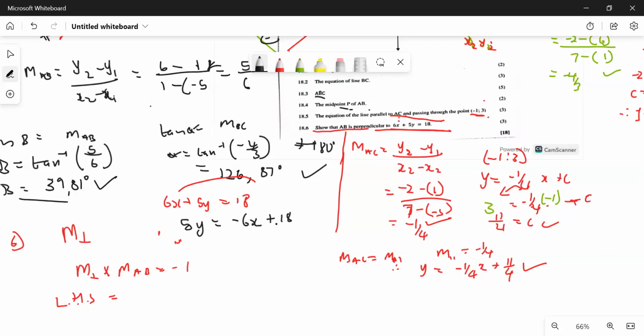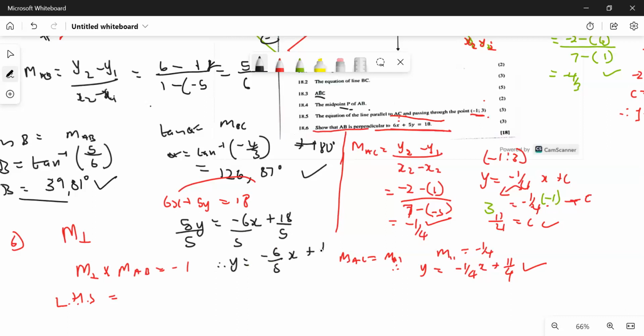We're still fine. Now we want to make y the subject. How do you make y the subject here? We're going to divide by 5, and then you're also going to divide by 5 here. And then therefore y is going to be given as minus 6 all over 5x, plus 18 over 5.